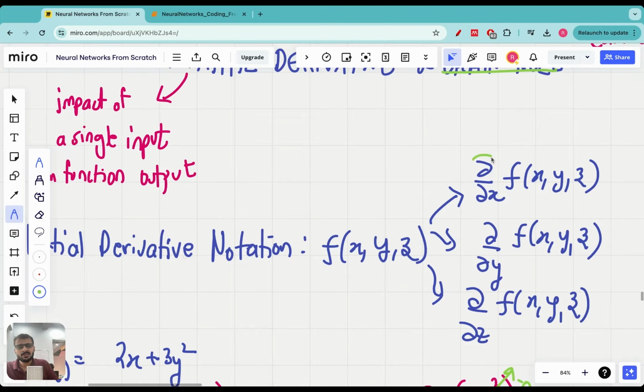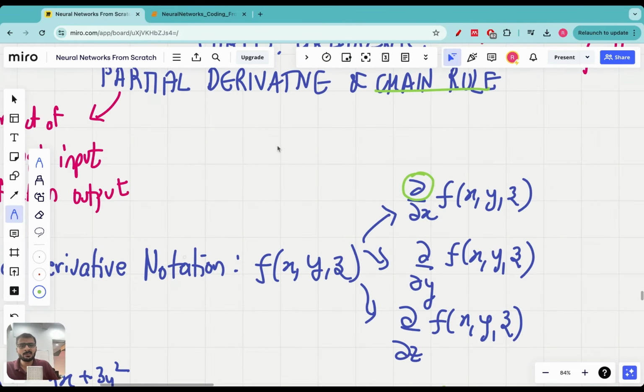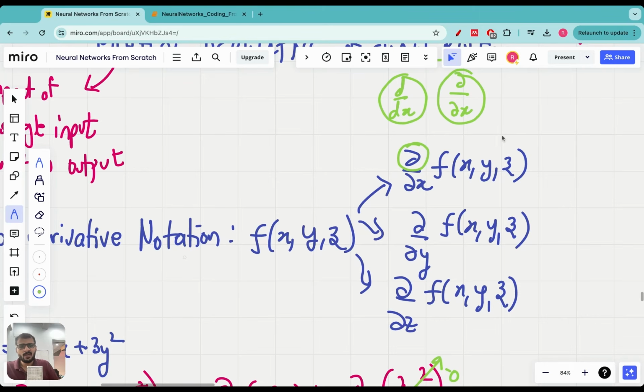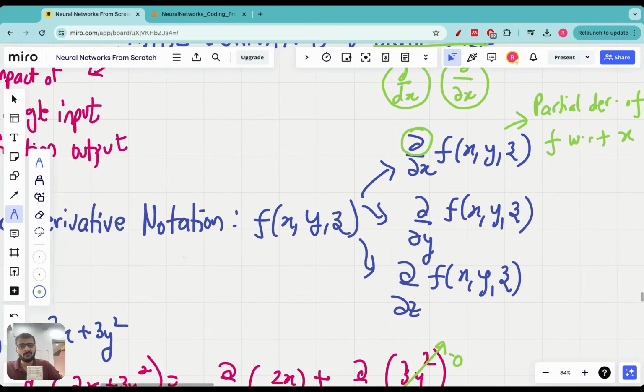So the notation is this, and henceforth in this series, when I say d by dx, I mean normal derivative, and when I say dou by dou x, I mean partial derivative. So if I represent dou by dou x of f, it means the partial derivative of f with respect to x, which means what is the impact of the change in x on change in f.